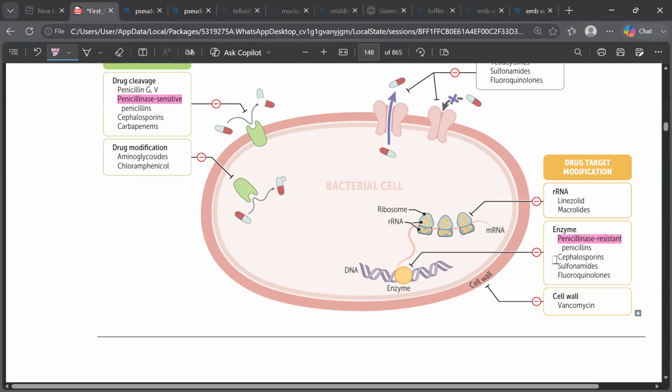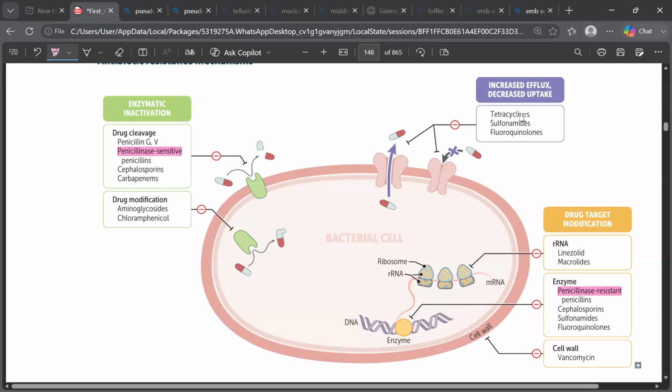Then we have cephalosporins again, and sulfonamides and fluoroquinolones again, which are provided resistance by drug target modification. Sulfonamides and fluoroquinolones are also by increased efflux and decreased uptake.